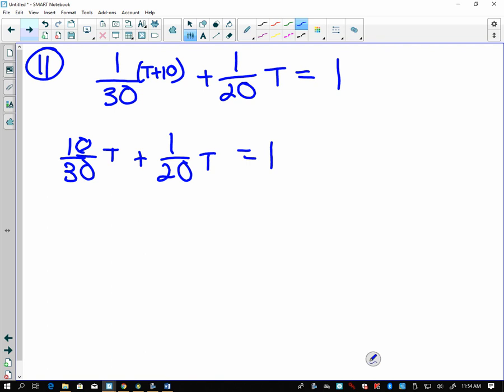Look at number 11. We should be getting 8. Hopefully I'm going to do this right. All right, so we've got these things. They need to be combined. 10 over 30t plus 1 over 20t.